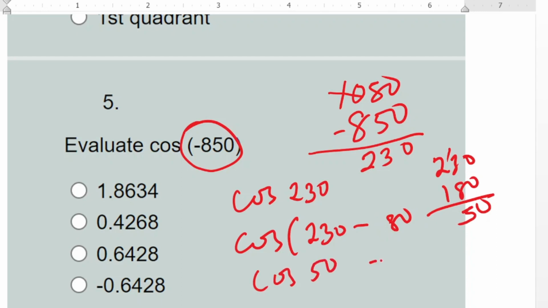But we are going to make use of this: it's going to be negative, because cos is negative in this quadrant. So cos 50 is what we're going to check now. That gives us 0.6428.